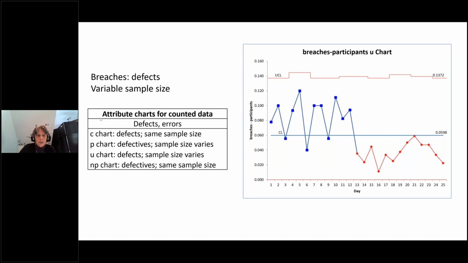So I just put this chart here as reference because it's very hard to remember these things. I've repeated this little chart a couple of times just as a reference. But what matters for this is we ended up with a U chart because we're looking at defects with a variable sample size. And I hope this is clear, but this is common cause variation.